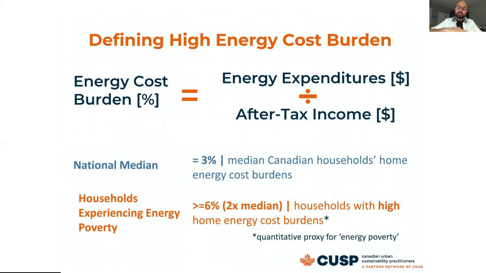So if a household spends 6% or more of their after-tax income on home energy needs, that household is defined as a household that experiences high energy cost burdens, which is a quantitative proxy for energy poverty. So when you're rifling through these slides on your own time, every time it says high home energy cost burdens, remember that it's a proxy for households experiencing energy poverty.